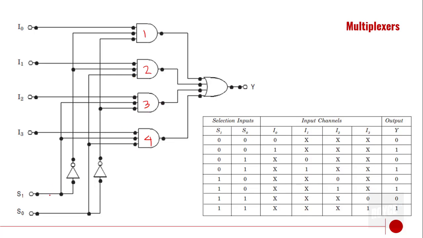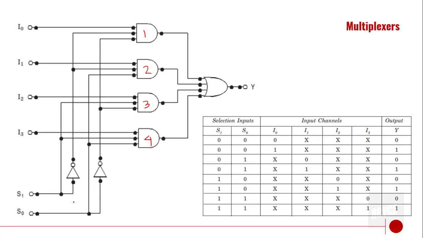Tama? Pag 0, 1 naman, 0 si S1, so alam natin, disable na si 3, 4. And then 1 si S0. Pag pumasok dito sa OR gate na to, magiging 0 si 3, tsaka si 1. So, ang disable ay si 1, 3, and 4. Ang gagana naman si 2.